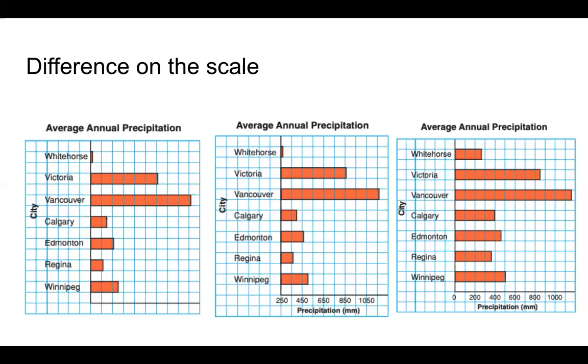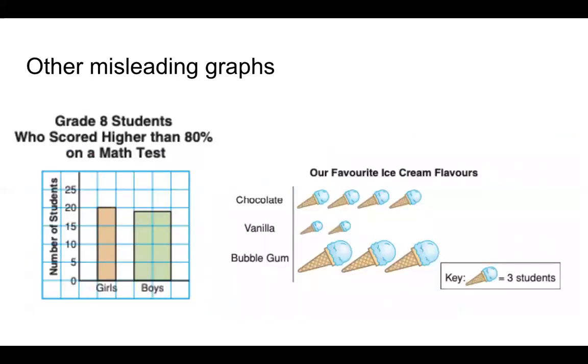But the last graph is the best representation, being that it does start at 0 and it works its way all the way up to about 1,000 millimeters of precipitation annually. So looking at the three in comparison, the best case scenario, where you're getting the most information, is the graph on the far right.